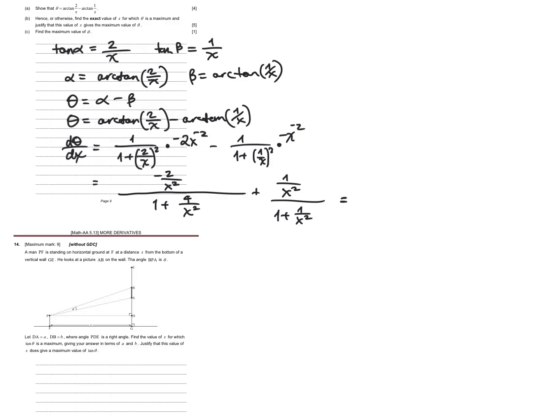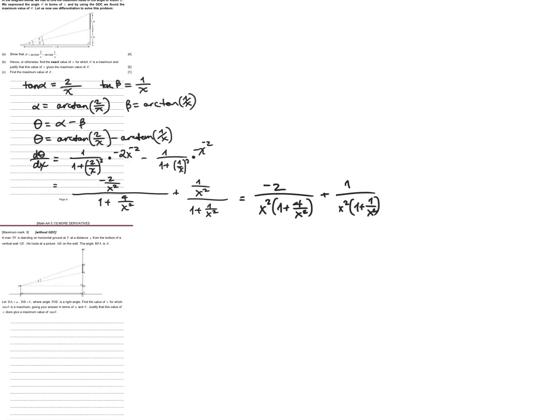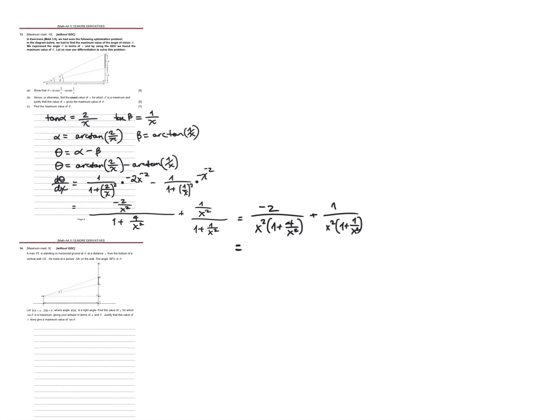Okay, so then this is like negative 2 over x squared, this. Same thing here, this is 1 over x squared, this. So this is going to equal negative 2 over x squared plus 4 plus 1 over x squared plus 1.